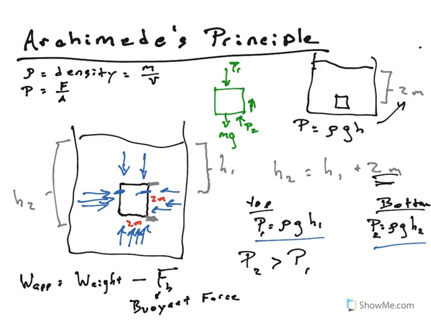So the two main forces are the weight, and then a little bit pushing up, which cancels out a little bit of the weight. And so the apparent weight is less than the true weight. That's why when you're in water, you don't feel as heavy, or if you pick something up that's underwater, it doesn't feel as heavy, because there's this extra buoyant force acting on the object, trying to make the object float.